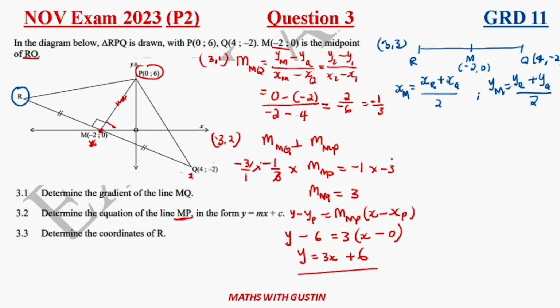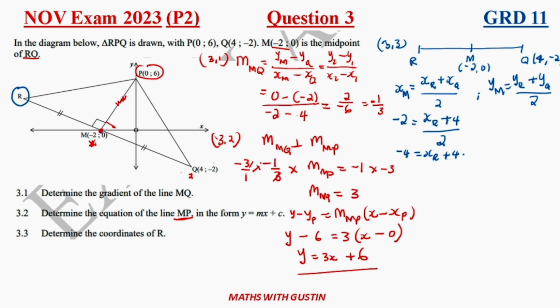Right, so therefore here what do we have? We've got negative 2 is equal to the x at R, which is the one that we're looking for, and then the x at Q, which is going to be plus 4 in this case, all over 2. Therefore you can cross multiply here. 2 times negative 2 is going to give us negative 4 is equal to x at R plus 4.